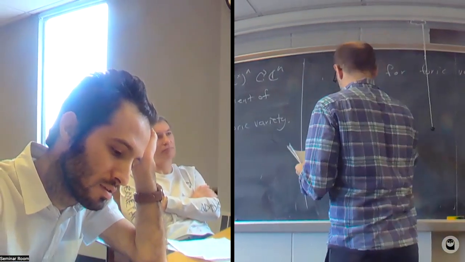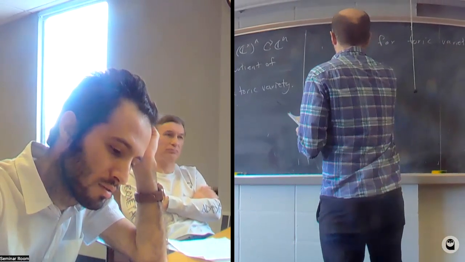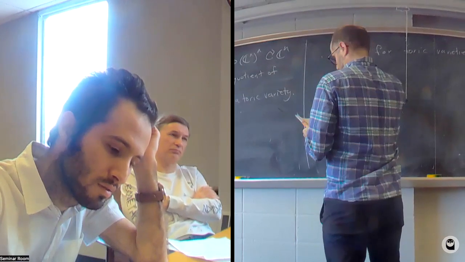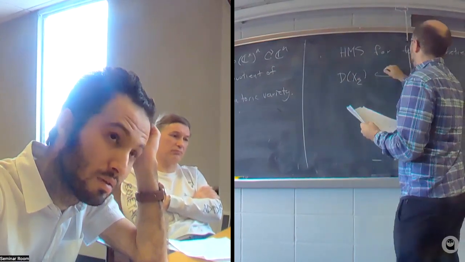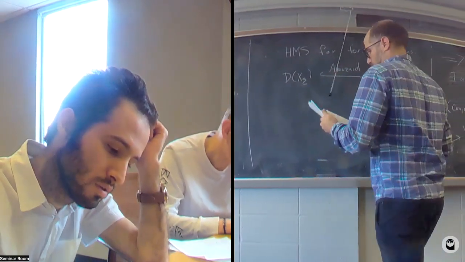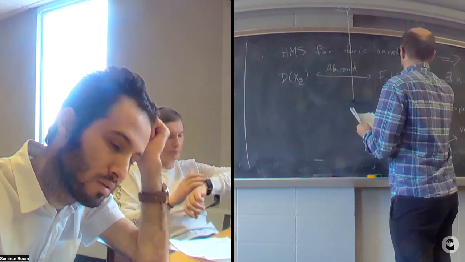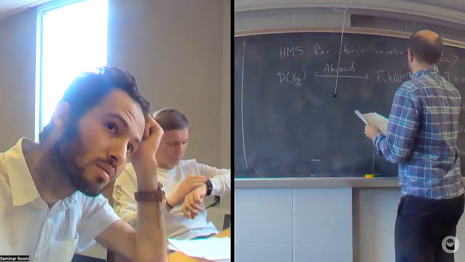There's 100 people that have contributed to this. There's the derived category of the toric variety. So Abouzaid in his thesis showed that this embeds into the Fukaya category of what was called the mirror Landau-Ginzburg model.